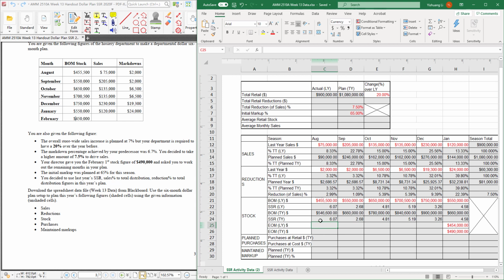And for the EOMs, we know that each month's EOM equals the following month's BOM. For last year, EOM of August equals BOM of September. Make sure we are selecting last year's BOM.